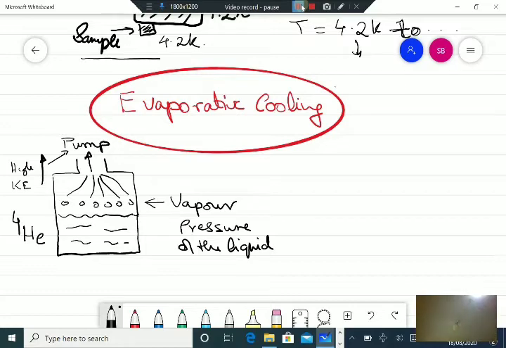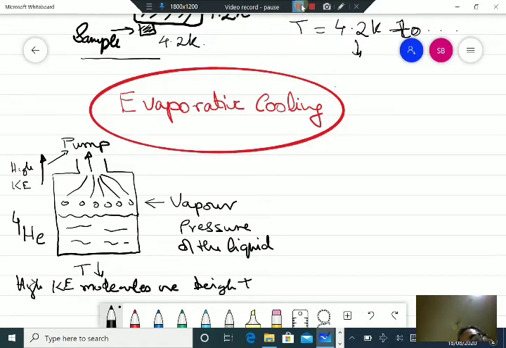They never return to the liquid, and so you are reducing the temperature of the liquid as the high kinetic energy molecules are taken out of the liquid.